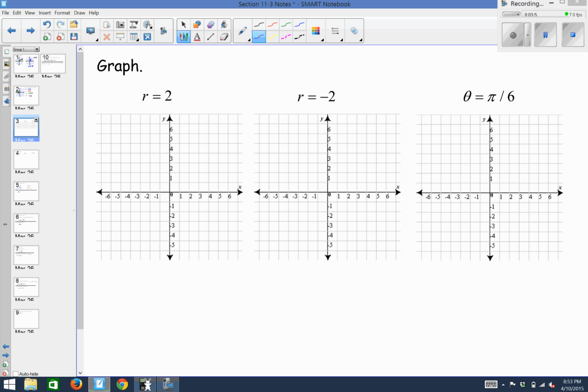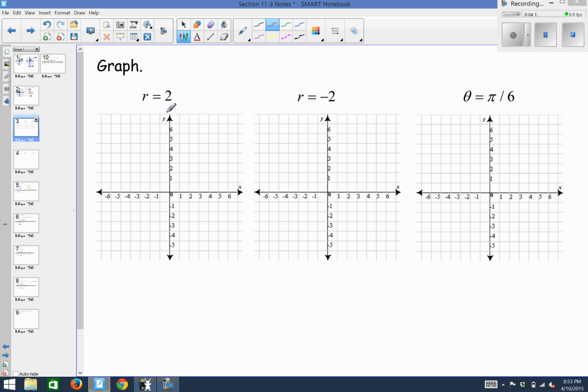We can also do some graphing of functions rather than points. With functions, it requires a slightly different way of thinking. Just starting with some basic ones that are just in terms of r or theta; we'll deal later with what if it's both.